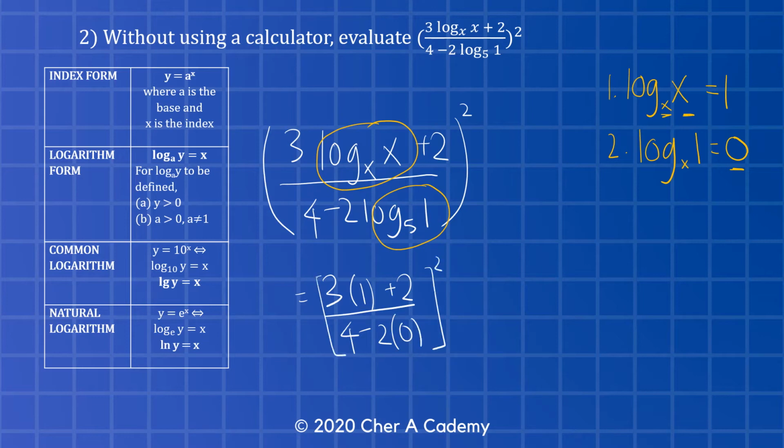So now I have changed all my log forms to numbers. So on top, 3 plus 2 is 5. Below, 4 minus 0 is 4. And this is squared. So my final answer will be 25 over 16.